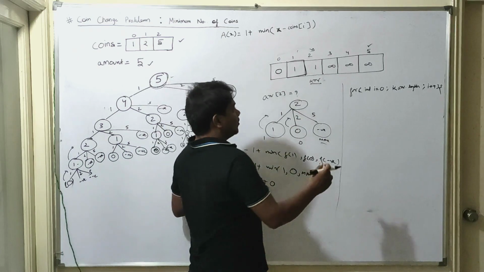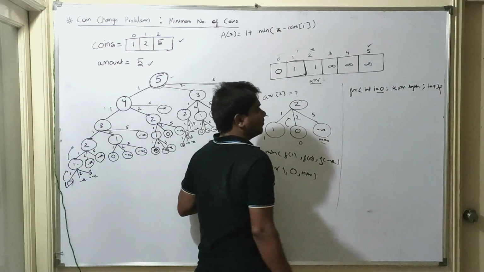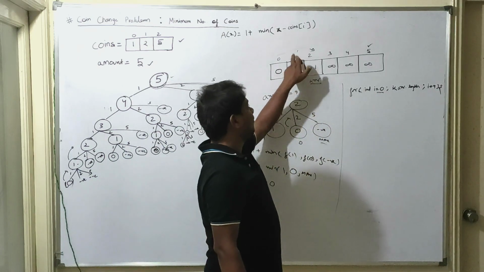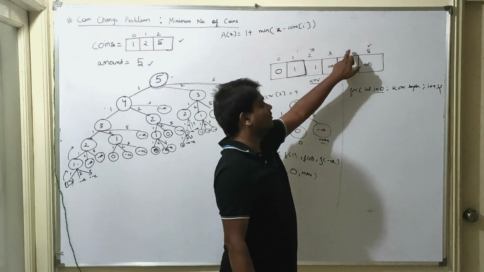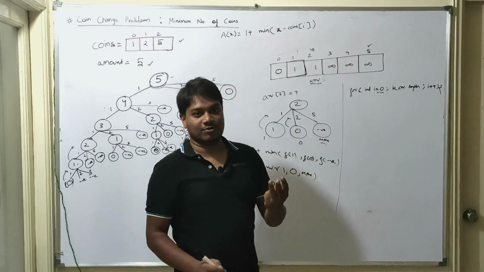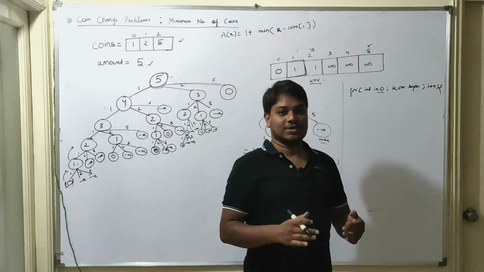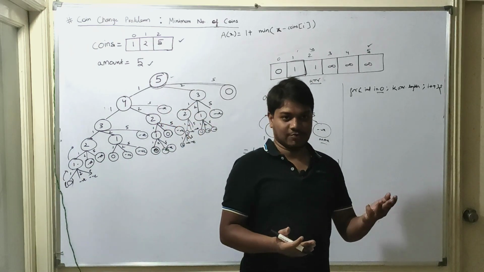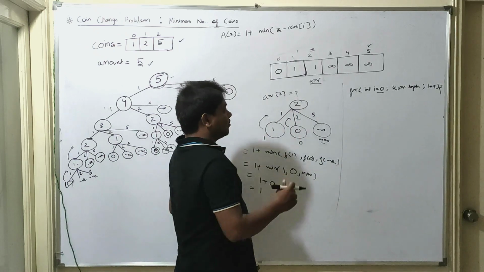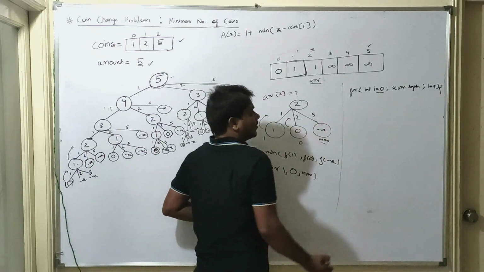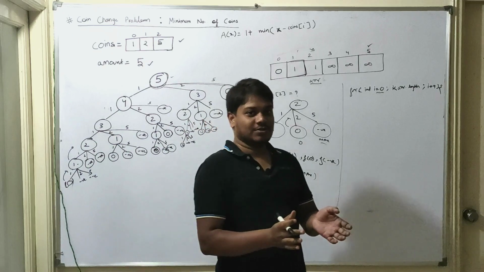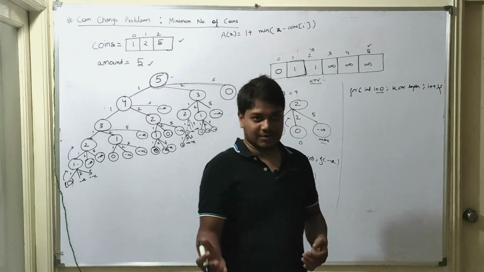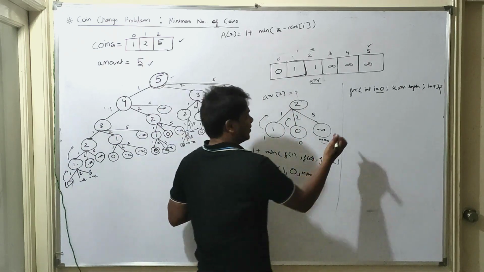So for index 0 or index 1 or 2 or 3 or 4 or 5, we are having three options. What are the three options? Either we choose coin of denomination 1 rupee, 2 rupee or 5 rupee, right? So for each and every index, we want to try it for three different denominations.